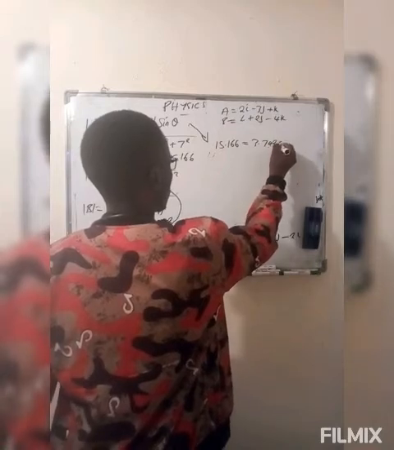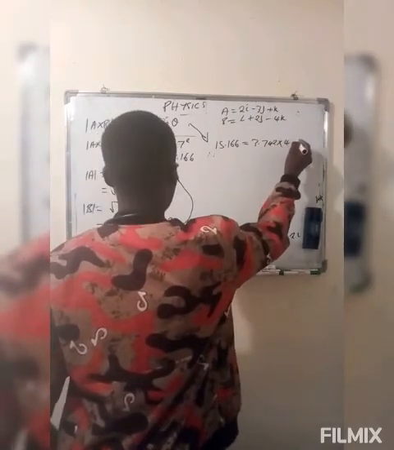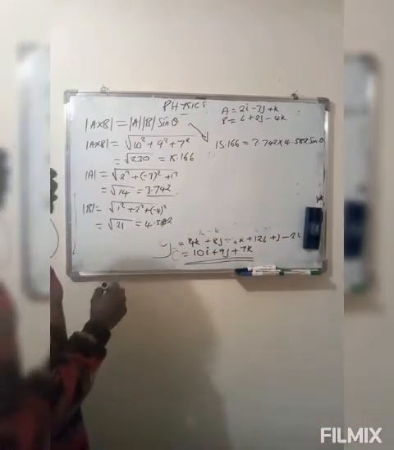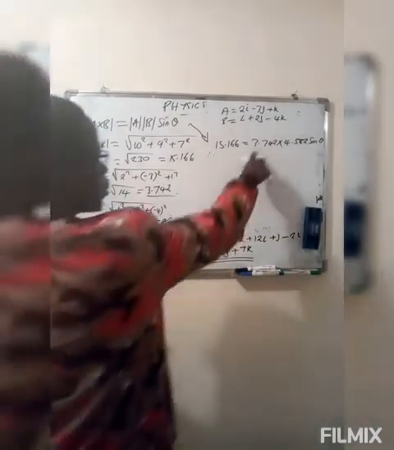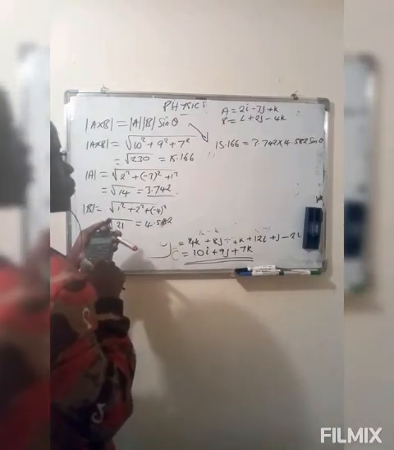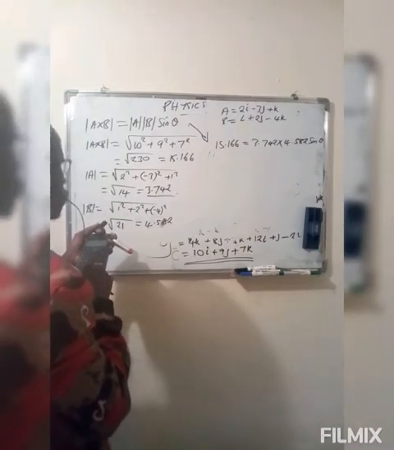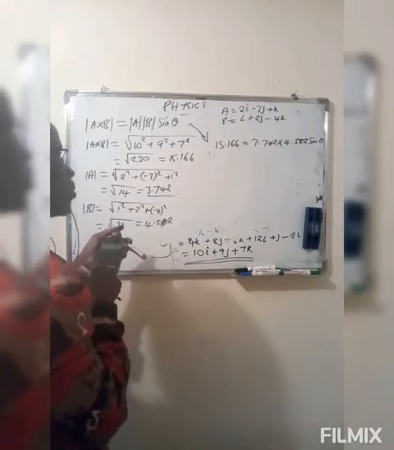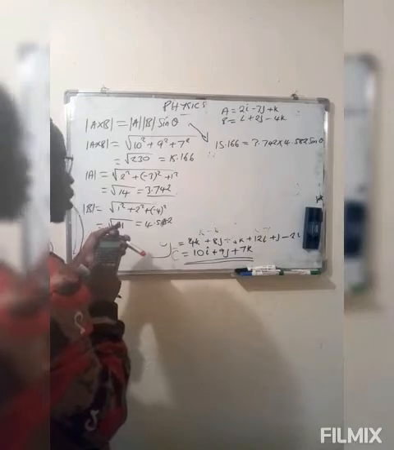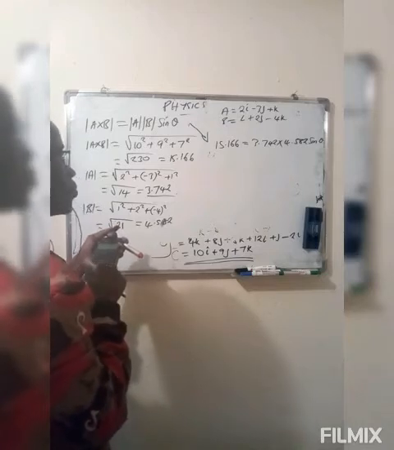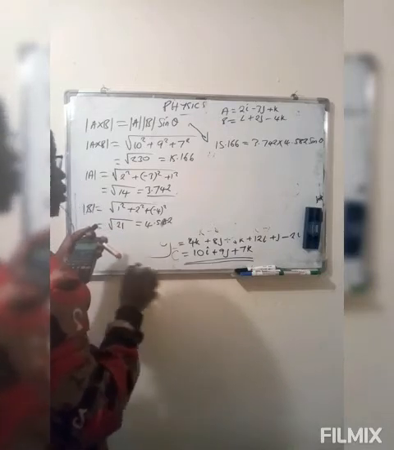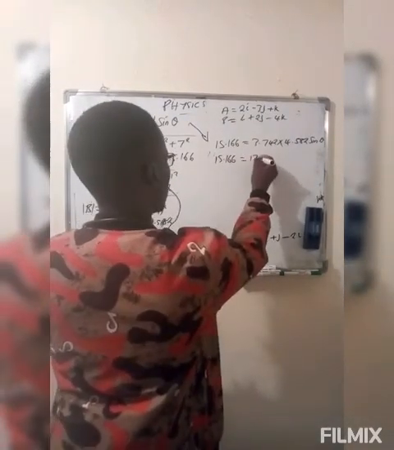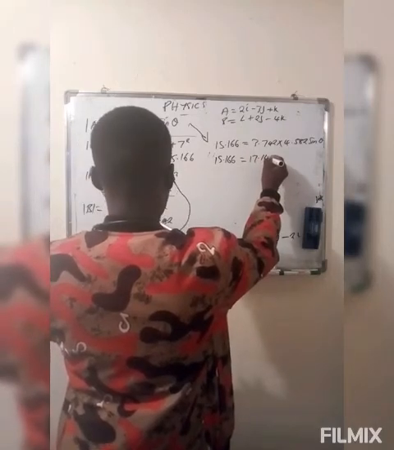So we multiply 3.742 by 4.582, and this is going to be 17.1458. So we have 15.166 equal to 17.1458 sine theta. I'm trying to leave as many decimal places as possible so that we don't distort the final answer.